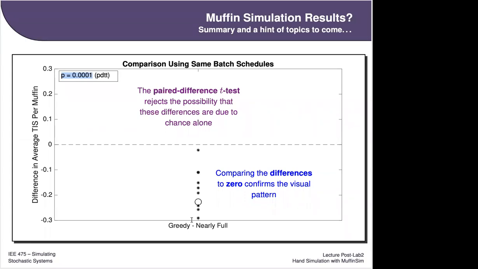Could you do a box plot for the differences between the policies? So you would sum all the nearly full policies and all of the greedy policies, and then make a box plot for each of those, and then compare the two box plots. Would that be a visual way to represent it?